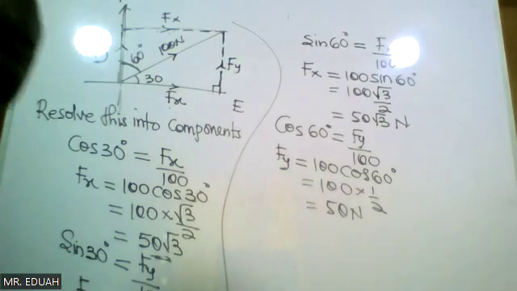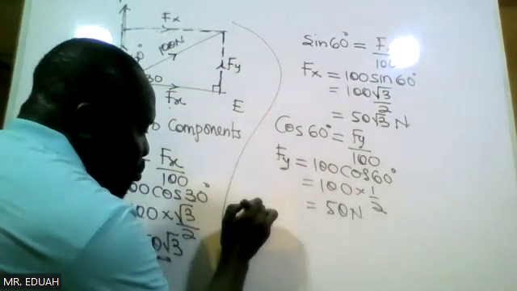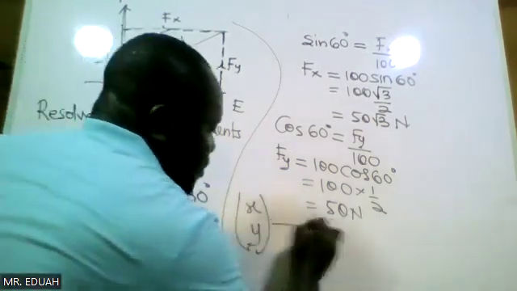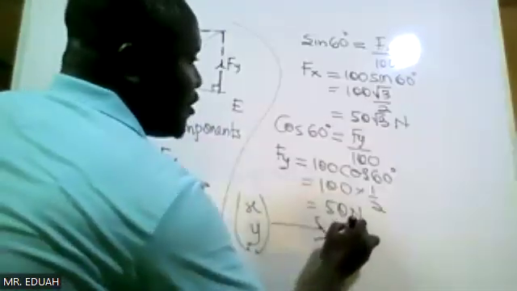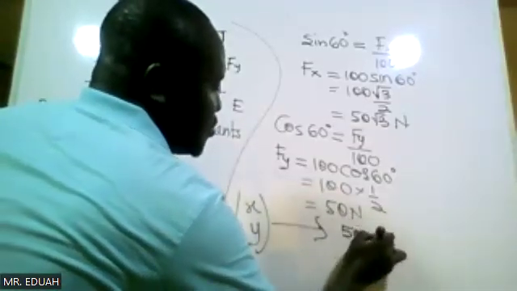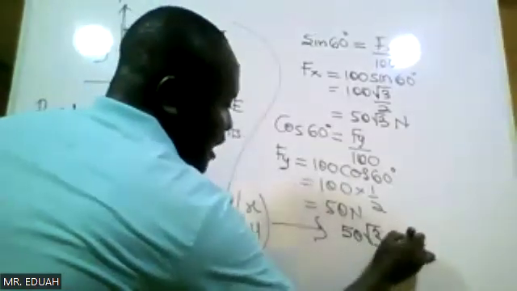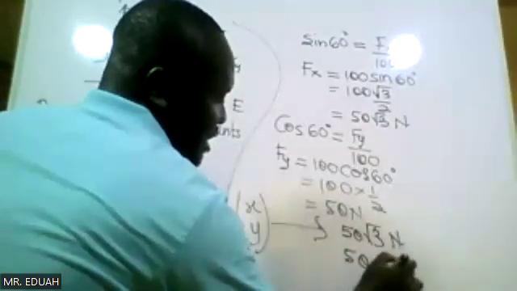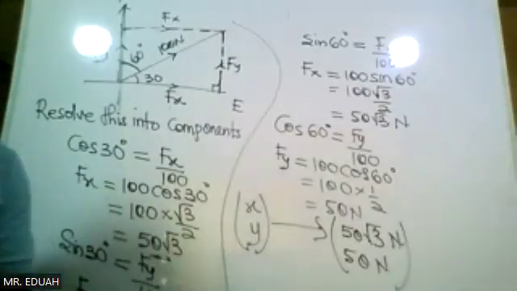Therefore, whichever angle is used, you have the X and Y components of the force 100 Newton to be equal to 50 root 3 Newton and 50 Newton. These are the components of the force, 100 Newton.